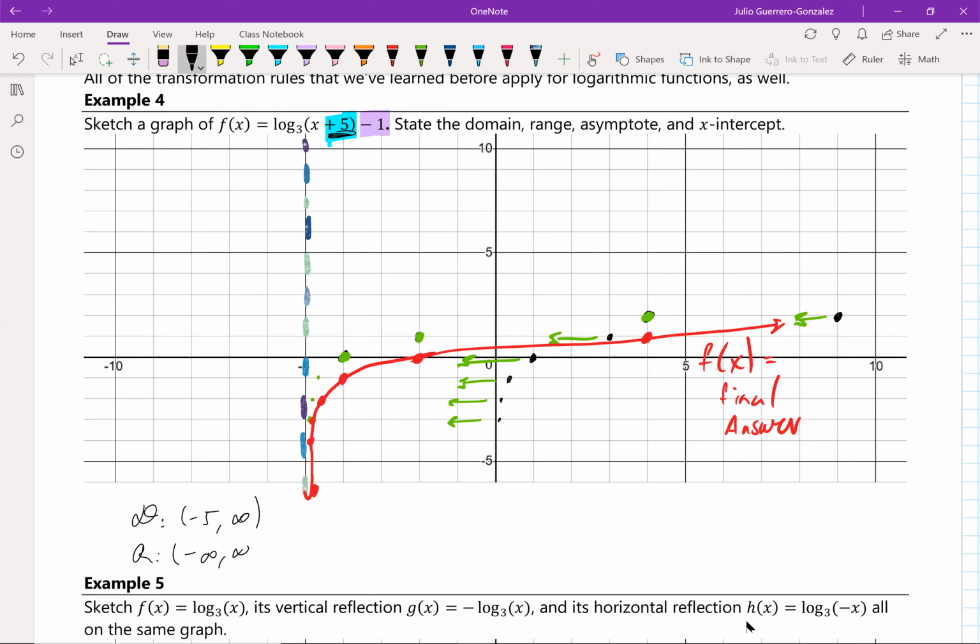Right. Asymptote. Would it be 5? -5? Right. And then our x-intercept. The x-intercept would be at -4. It's 0? At -2. Right.